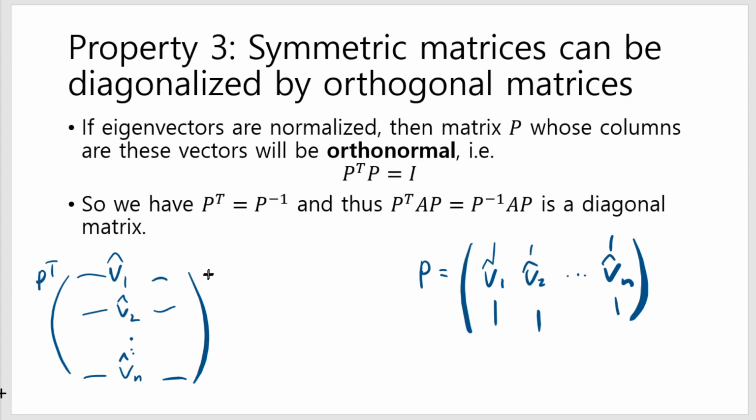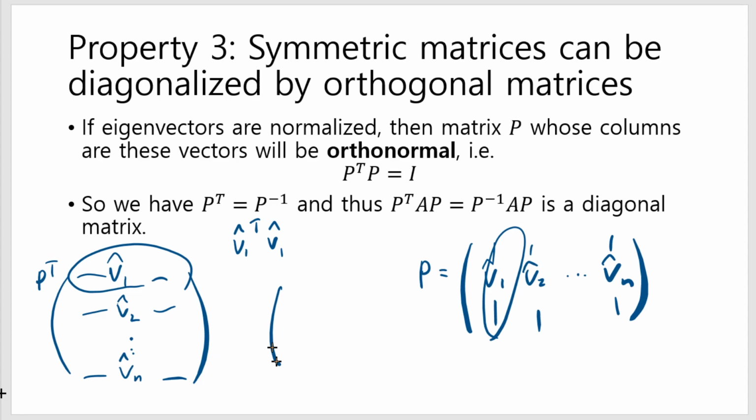And if you multiply these two, you get this dotted with this, because this is indeed V1 transpose times V1, so it's a dot product. And if you have dot product of V1 by itself, then you get its size, but that's 1, right? So when you do the matrix multiplication of these two, you get 1 in the diagonal, and if you have two distinct ones, V1 dotted with V2, we know that these are all orthogonal to each other, so you're going to get zeros everywhere, and ones only on the diagonal.